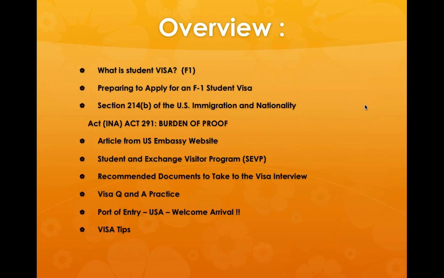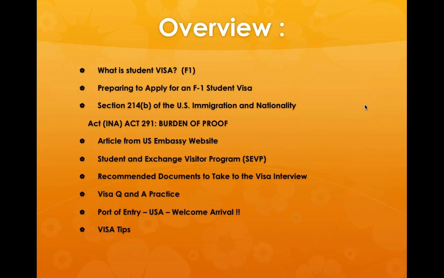Today I'm going to give an overview. Before any student applies for a visa, they should know what an F1 student visa is, and how to prepare to apply for it. Section 214B of the U.S. Immigration and Nationality Act, burden of proof.